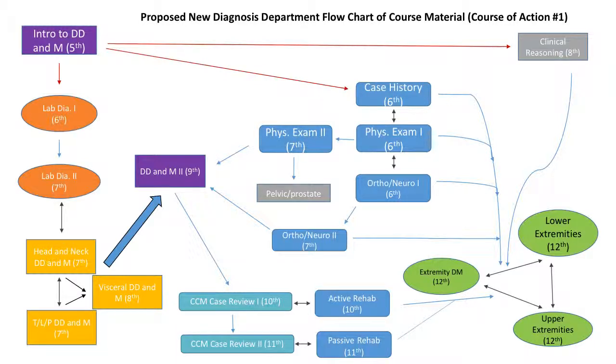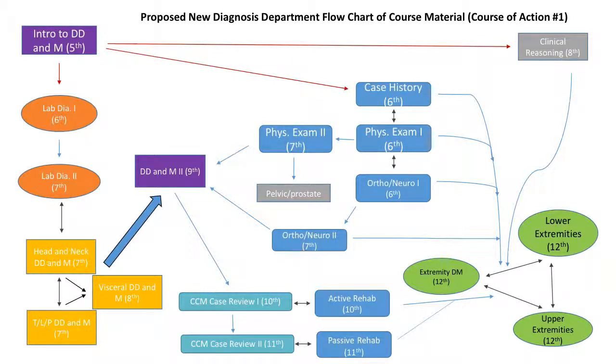Many of you were part of the original proposal change that Dr. Hudson was involved in writing, and this is a schematic of those courses and how they would fall and in what quarter you would have them. If you look to your left, you'll see that the head and neck, visceral, and TLP courses are down in that left-hand corner.